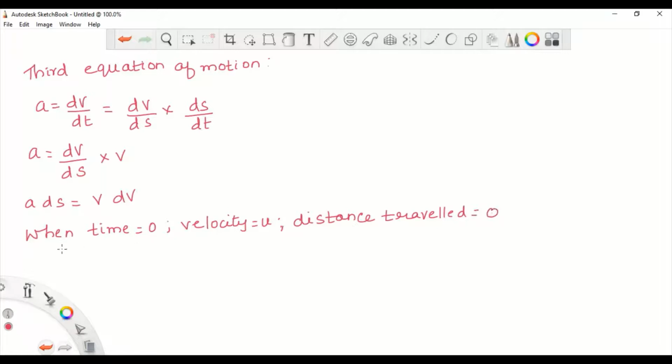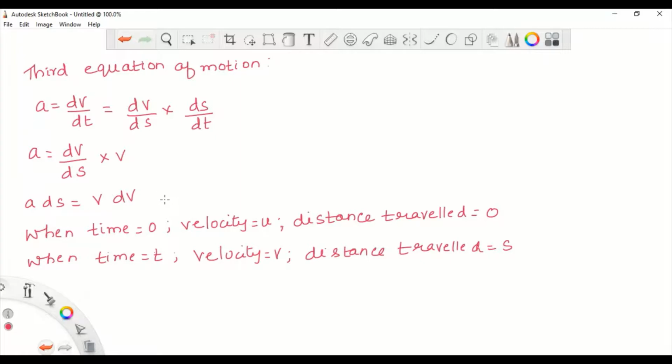When time is equal to t, velocity is equal to v, distance traveled is equal to s. Okay, so now again we are going to integrate this equation.